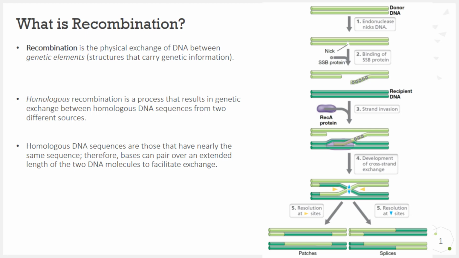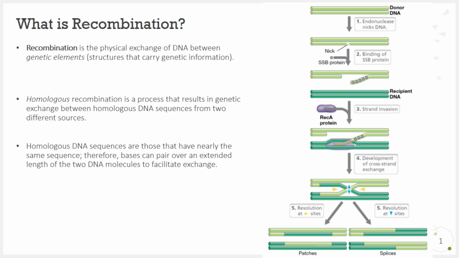This diagram shows a case where homologous recombination takes place, and it results in exchange of genetic material between these two chromosomes. Here we have two segments of DNA, the one in light green and the one in dark green. We see that there is exchange of their sequences.